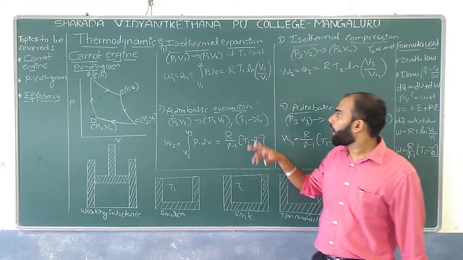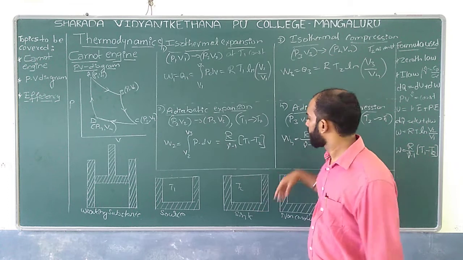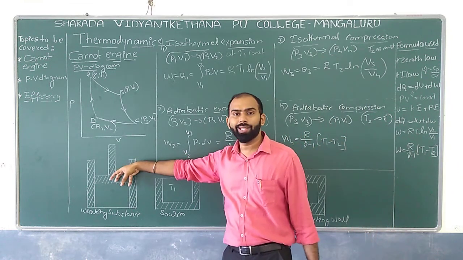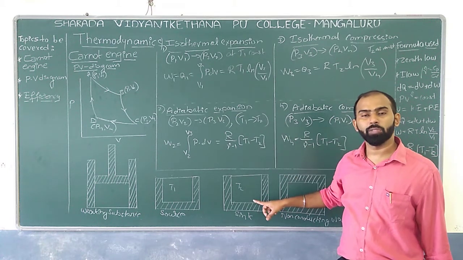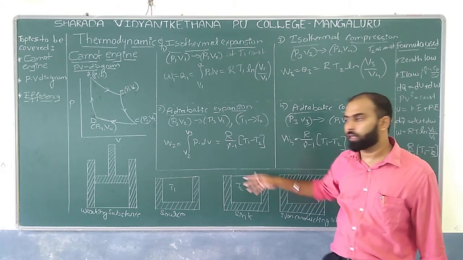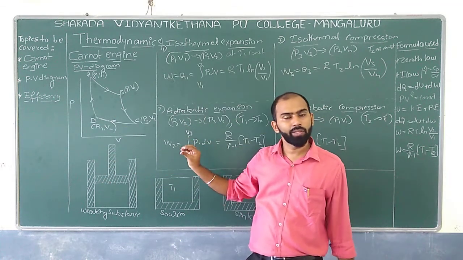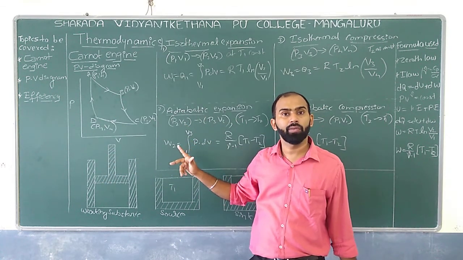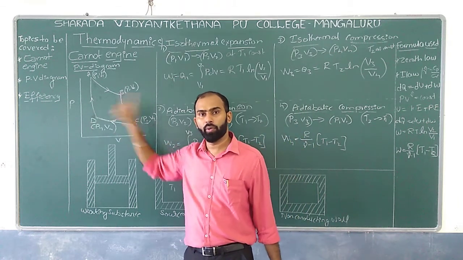And if you want to get a compression, where are you supposed to take it? Your job is to take the same working substance and keep it on the top of the sink. Because the sink is maintained at a very low temperature, the piston moves downward, so that a decrease in volume and an increase in pressure take place. That's why the graph goes in this order over here.